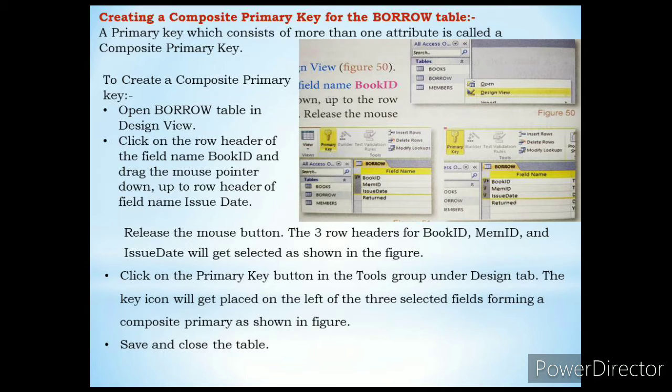Now next, click on the Primary Key button in the Tools group under the Design tab. The key icon will get placed on the left of the 3 selected fields, forming a composite primary key as shown in the figure. Next, save and close the table.